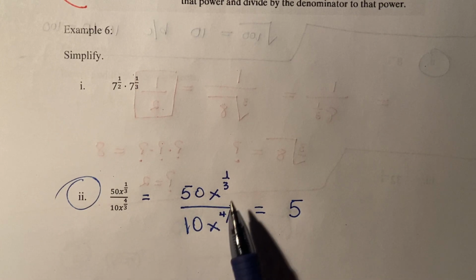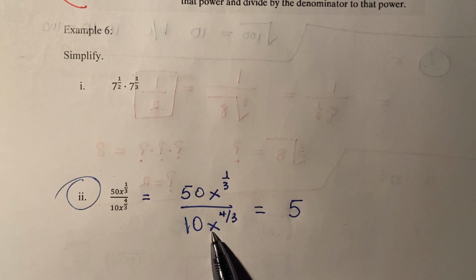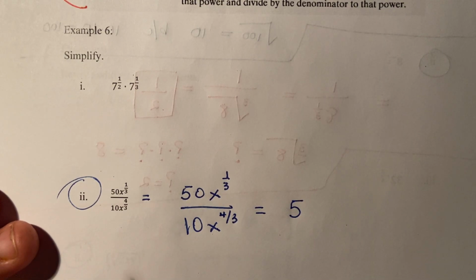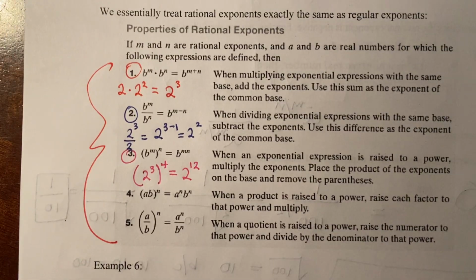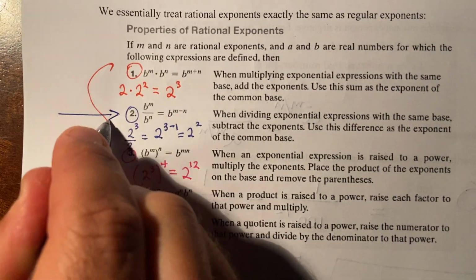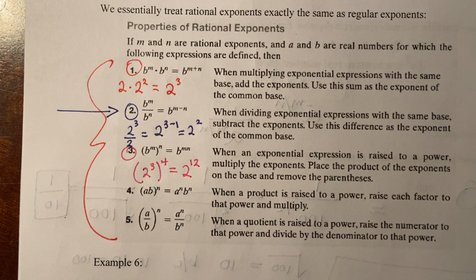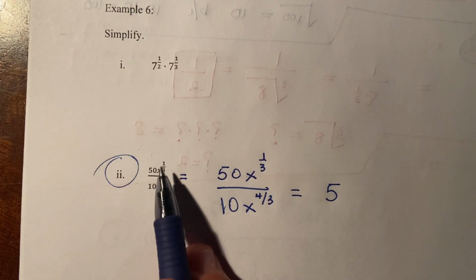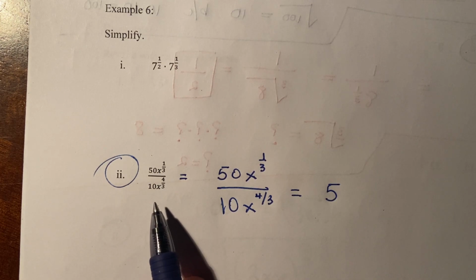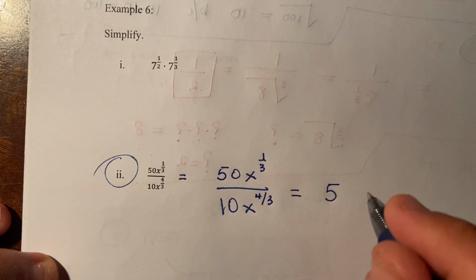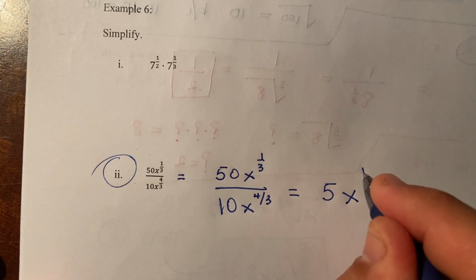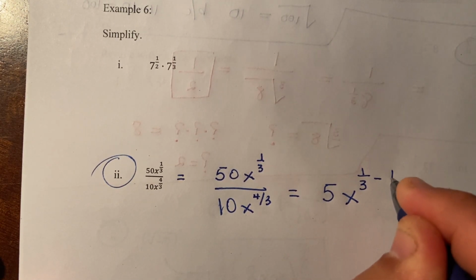And then I have x to the 1/3 over x to the 4/3. That's reminding me of number 2 up here. In this case, we have x instead of b. So what this is suggesting is I can just take 1x and go to the 1/3 minus 4/3.